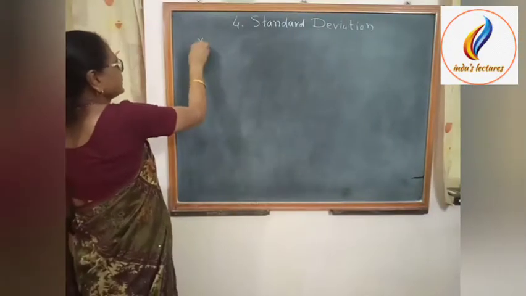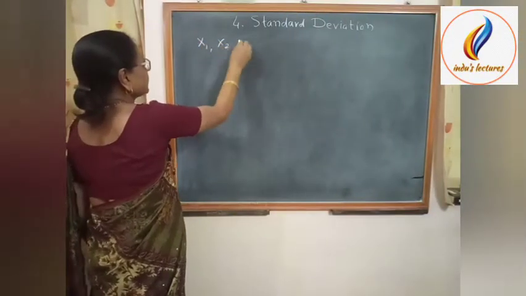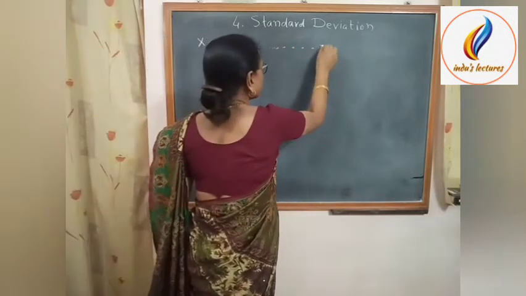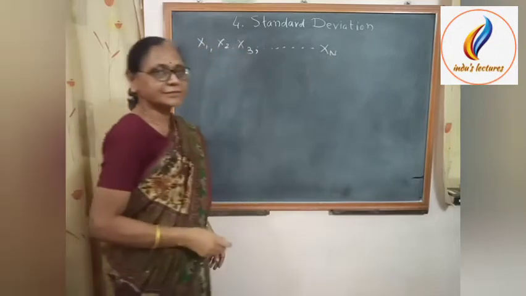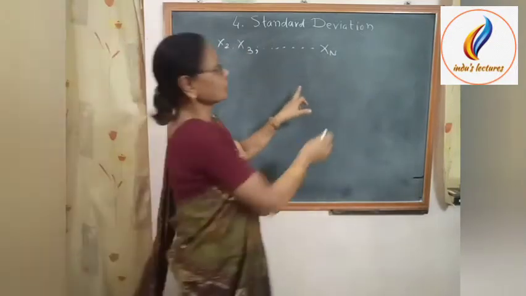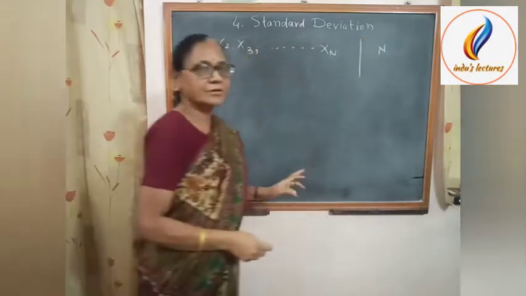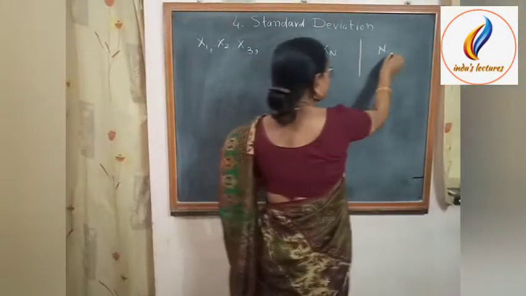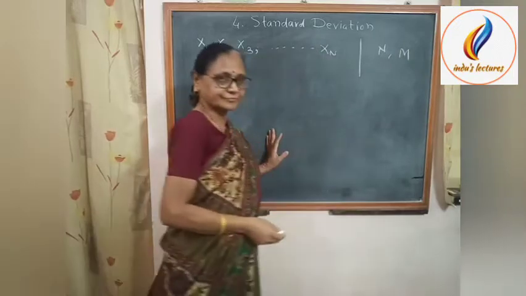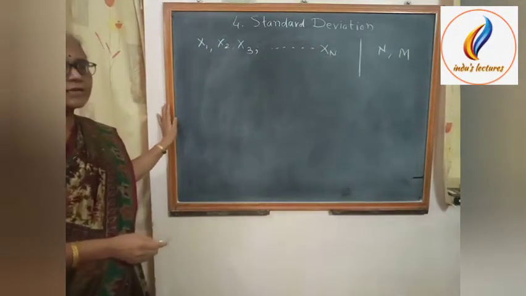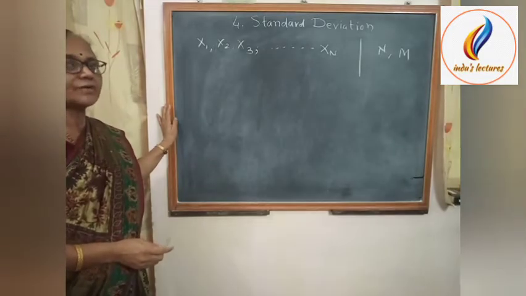Suppose x1, x2, x3, up to xn, these are n scores. Suppose m is the mean of that series. Then while calculating standard deviation, we have to take the deviation of each score.